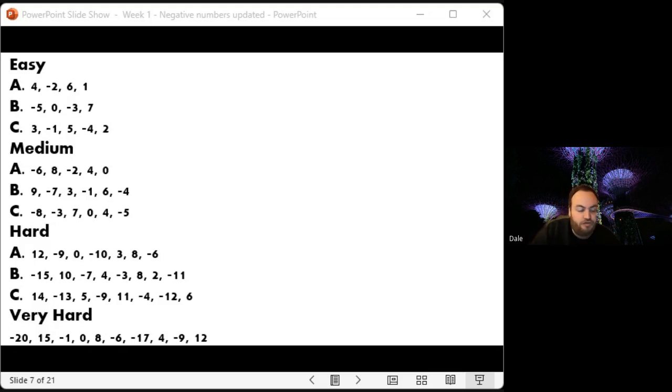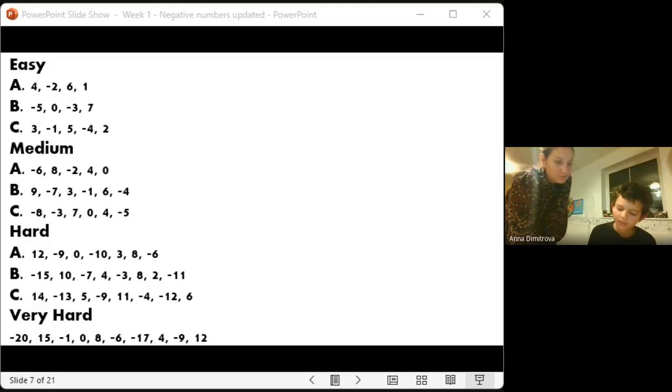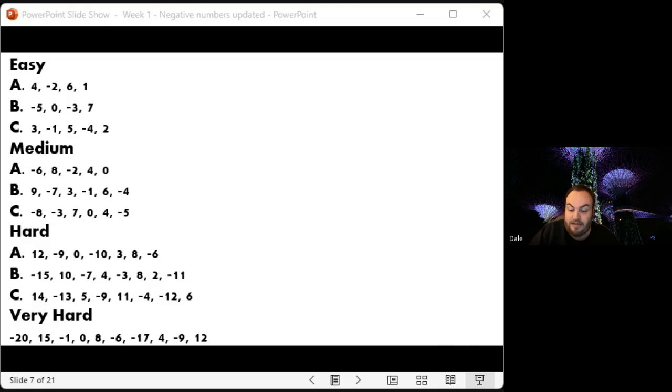Govinda, could you read the answer out for me for easy C? Easy C. -4, -1, 2, 3, 5. Lovely, fantastic. Well done. Thank you, Govinda. Let's go on to Vishnu.